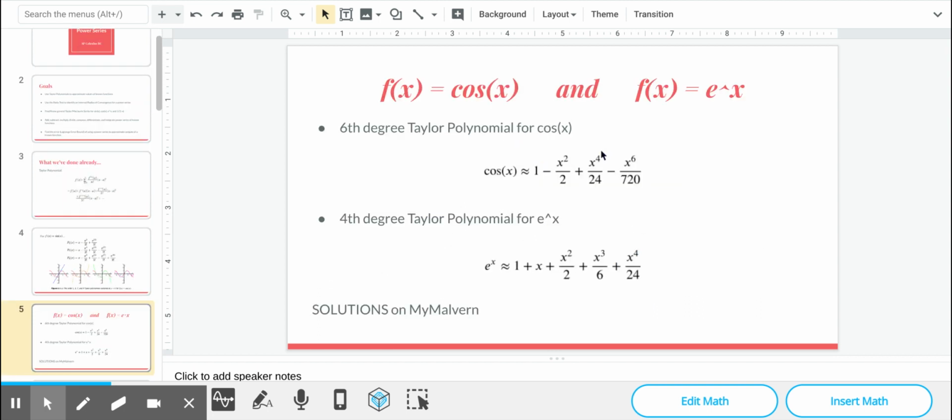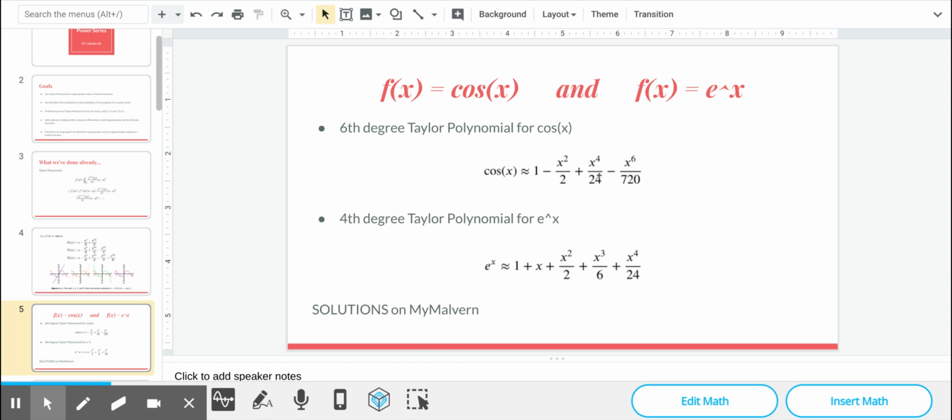What you did for homework, and if you haven't done so already, I've posted the solutions on my Malvern, so please make sure you go and check that out. How did we get to these Taylor polynomials? This is the 6th degree Taylor polynomial for cosine. This is the 4th degree Taylor polynomial for e to the x.